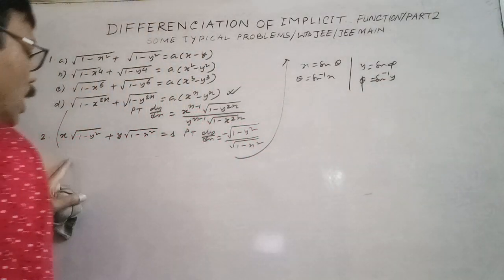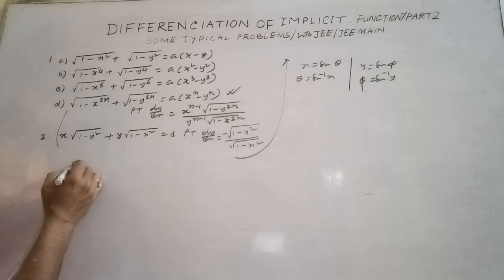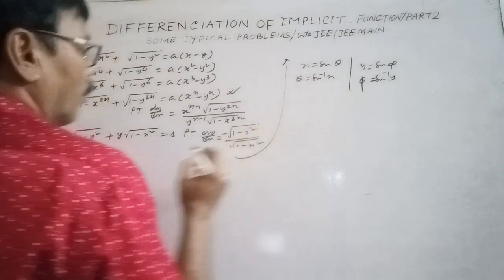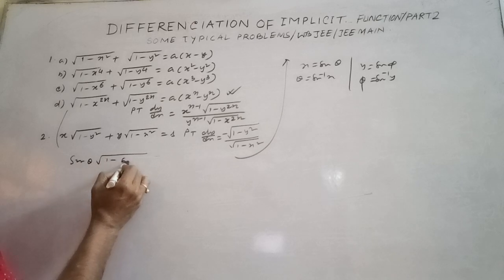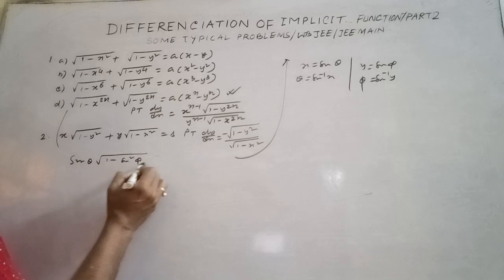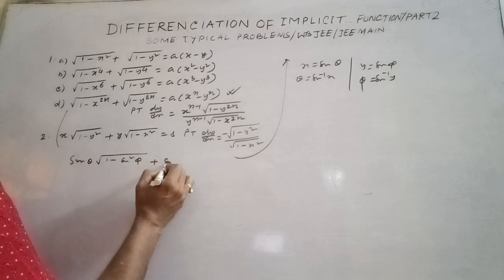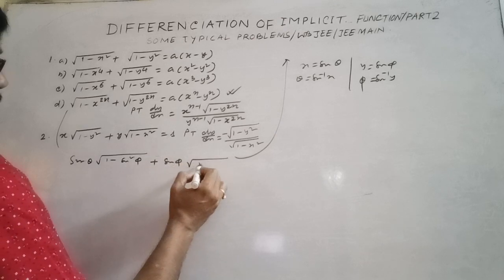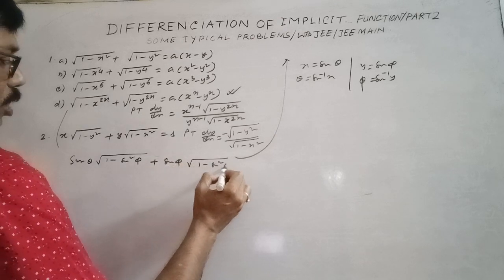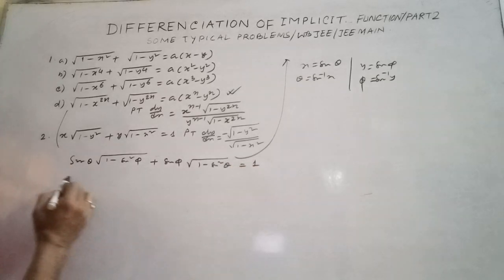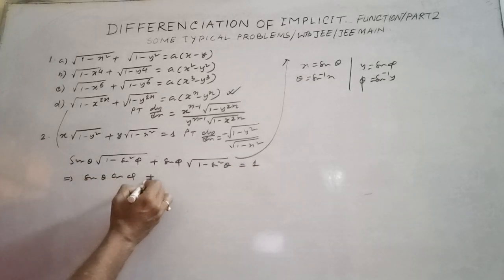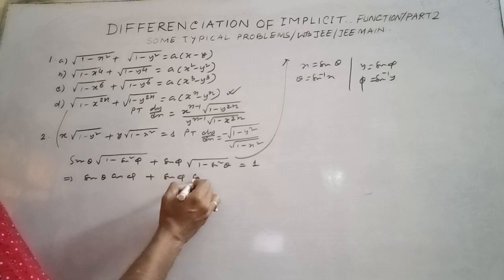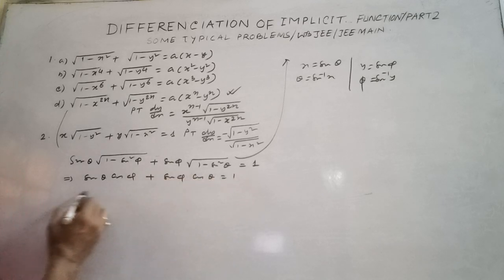So putting the values here, we are getting sin theta root over 1 minus sin square phi, plus sin phi root over 1 minus sin square theta equals 1. So sin theta cos phi plus sin phi cos theta equals 1.